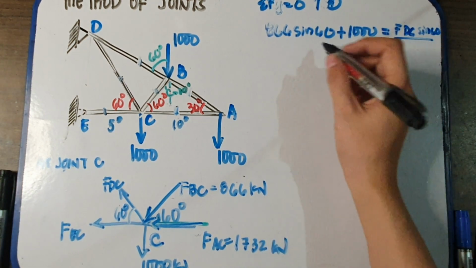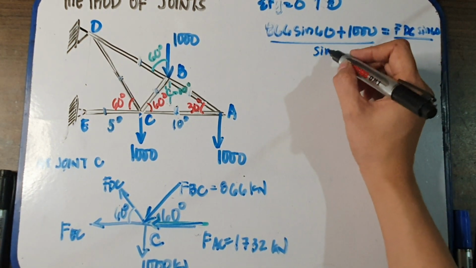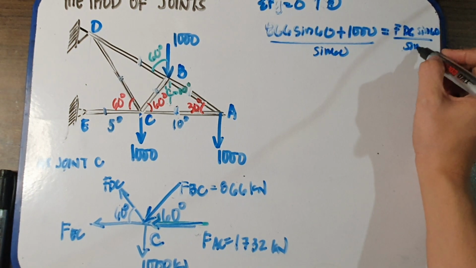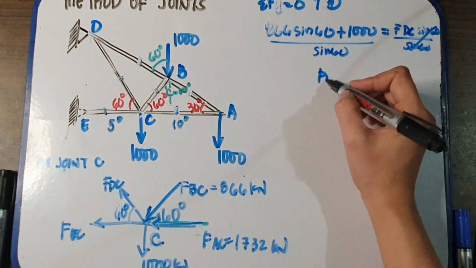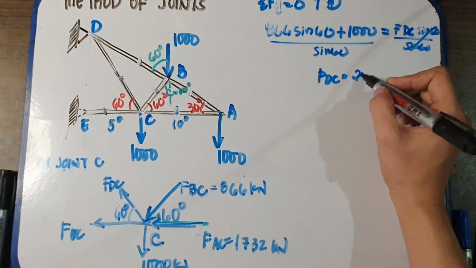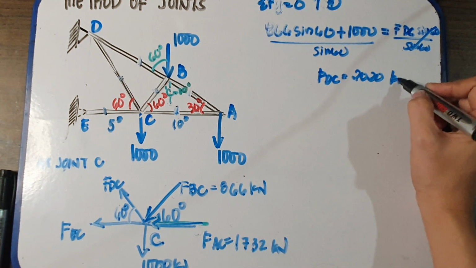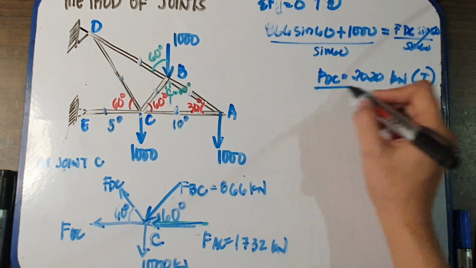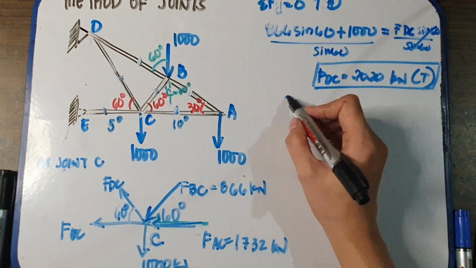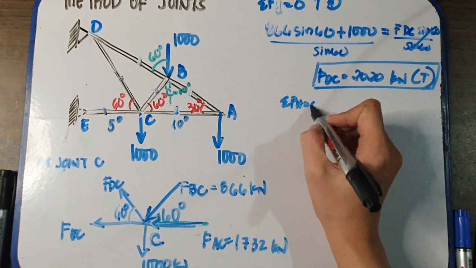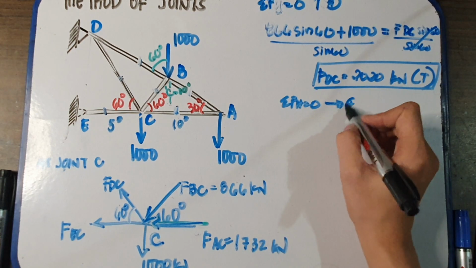So, divided by sine 60, the force FDC would be 20 kilonewton, tension.